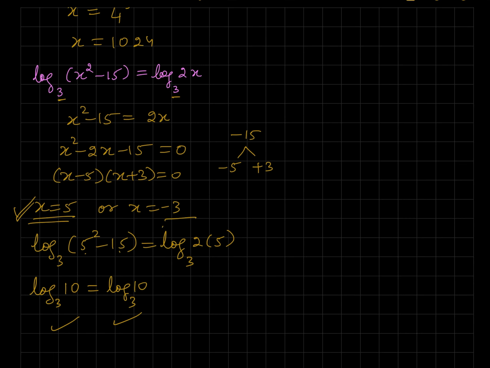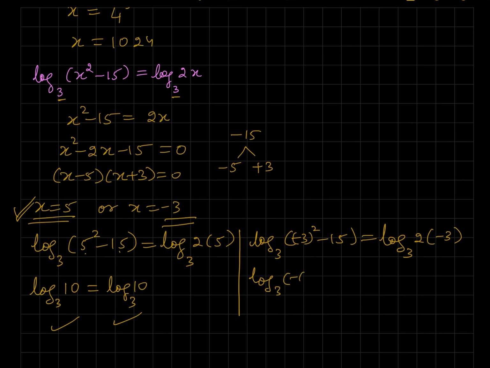Now let us check for x equals negative 3. So checking for x equals negative 3 here, log to the base 3 of negative 3 squared minus 15 is equal to log to the base 3 of 2 times negative 3. Now the thing is, this is 9. 9 minus 15 is negative 6, and here also we are getting negative 6.